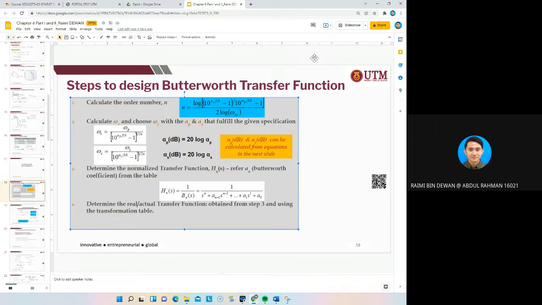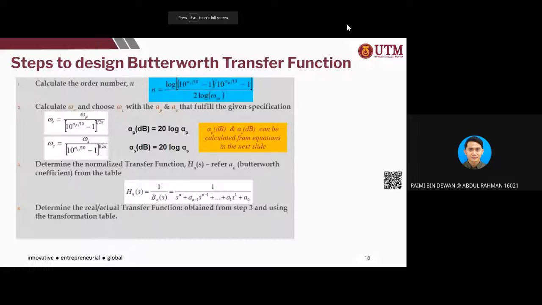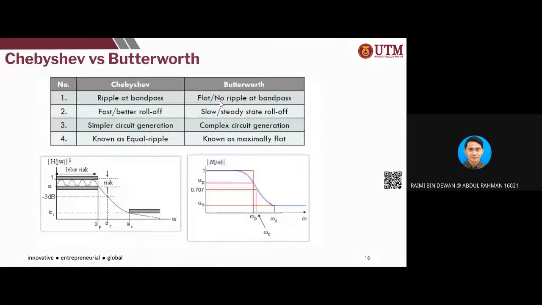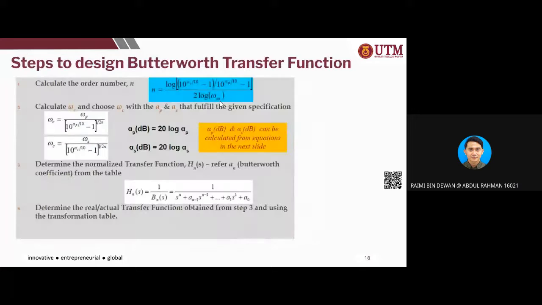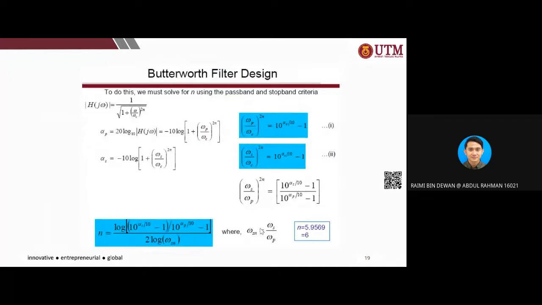You can see from this equation that you should know alpha S, alpha P, and omega Sn, the normalized omega Sn. Omega Sn is the stop band cutoff frequency over omega P.